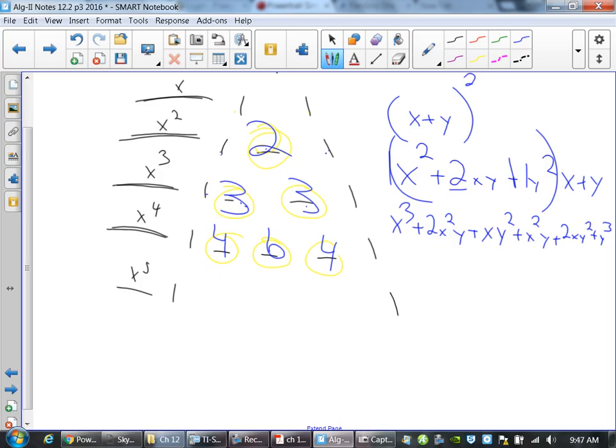When you combine your terms, you'll notice you get x cubed, 3x squared y, 3xy squared, and a y cubed. And that's the coefficients of 1, 3, 3, 1.